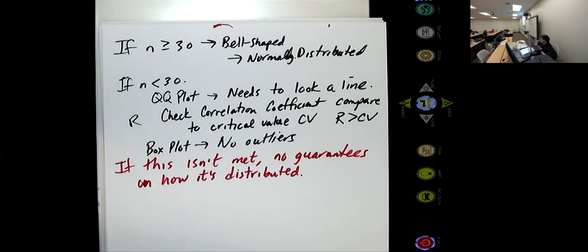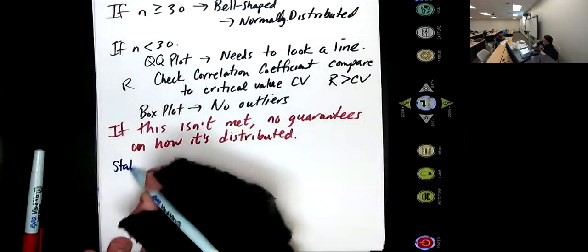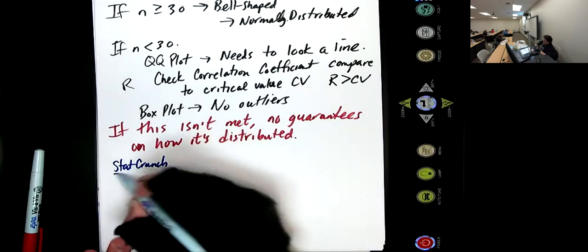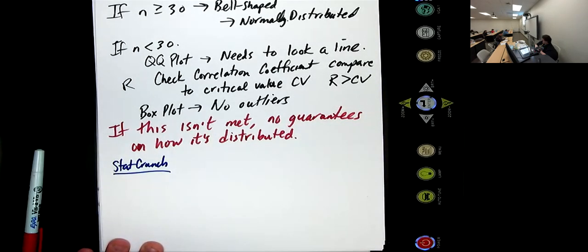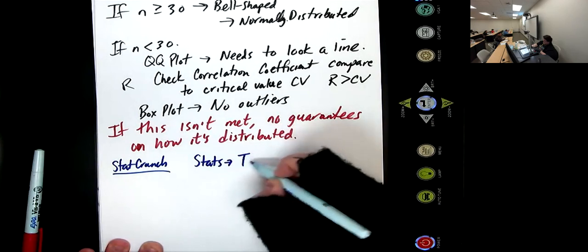Get more data points in your sample. When you get n over 30, it's a done deal. StatCrunch commands: Stats, T Stats.